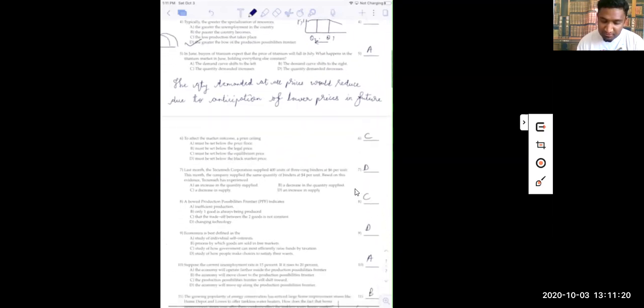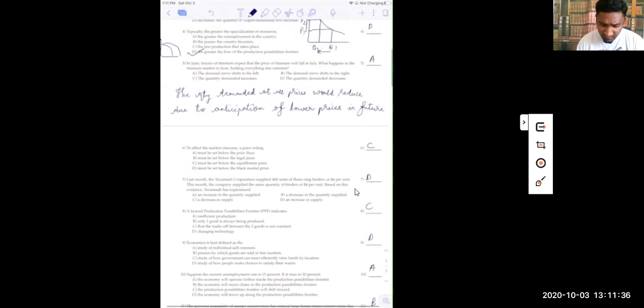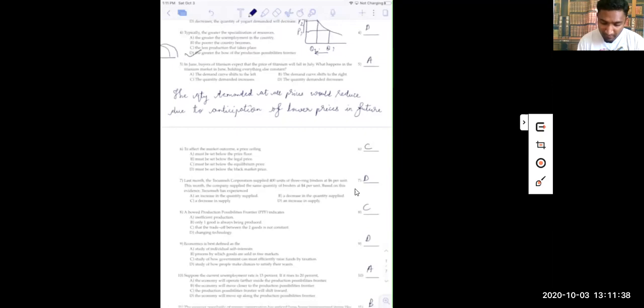Fifth question. In June, buyers of titanium expect the price of titanium will fall in July. What happens in the titanium market in June, holding everything else constant? The law of demand holds only when everything else is constant. It is called ceteris paribus. What is happening here is that the price of titanium will fall in the future.